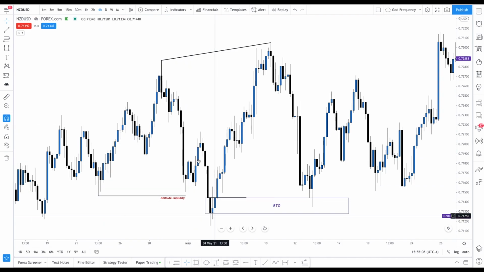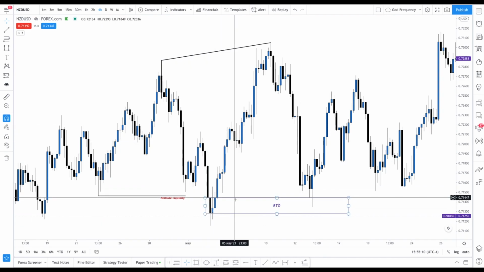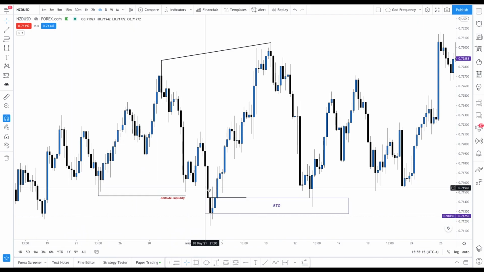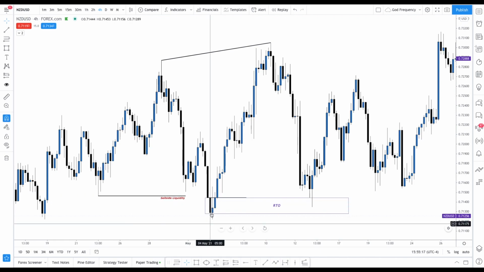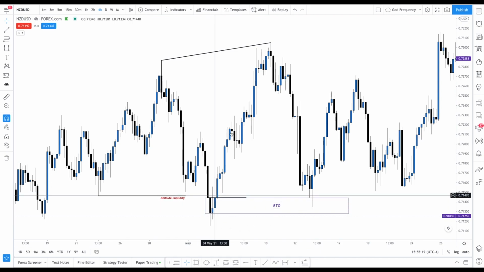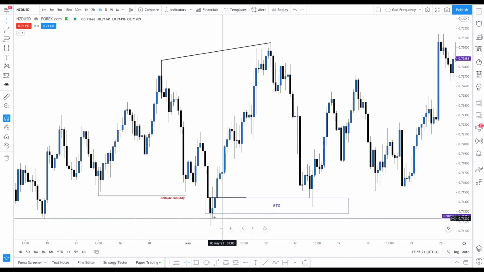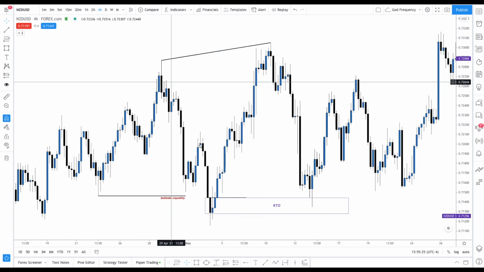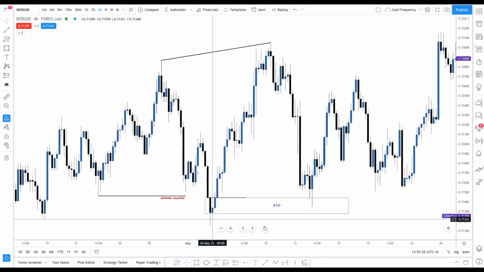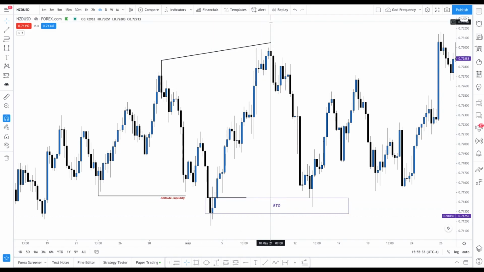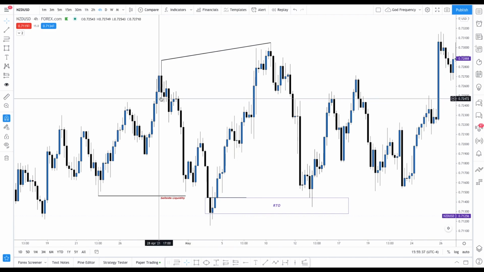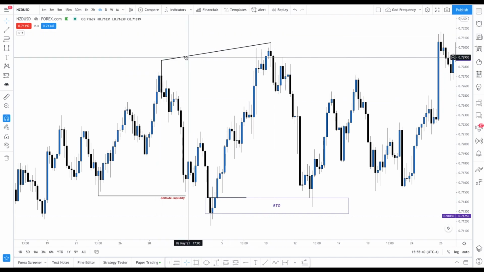Price drove down and purged all this sell side liquidity, and it had that last down candle, and then price goes up untested, and we have a temporary shift in market structure when we go down to get this sell side liquidity. But once we see the move up, we know that they still want to continue on this bullish run.